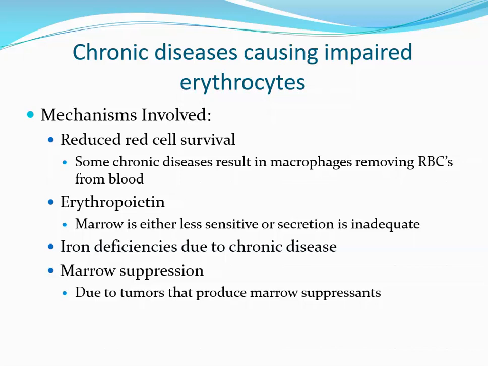Could be erythropoietin. Either the bone marrow has become less sensitive to the erythropoietin and hence isn't stimulated to make the red blood cells, or the secretion of erythropoietin from the kidneys is inadequate. Secretion problems often accompany renal disease. So the underlying problem would be a renal issue that secondarily results in anemia.